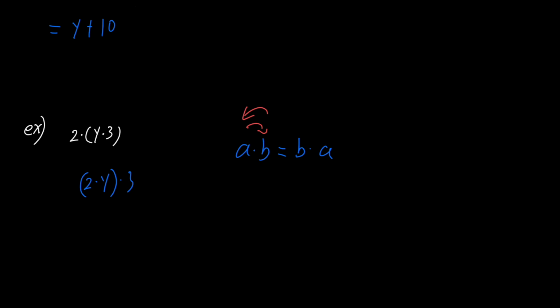So why don't we change the order inside the parentheses for those two numbers? Let's do that. So 2 times 3 times y. And this time, we can use the associative property to figure out the final answer, because we can put the parentheses around these two numbers and combine them.